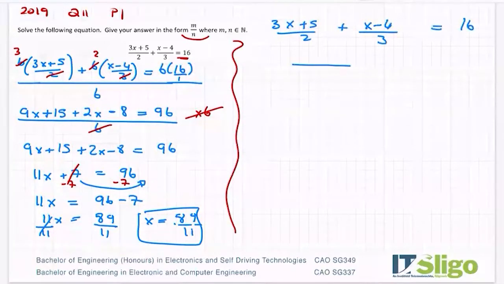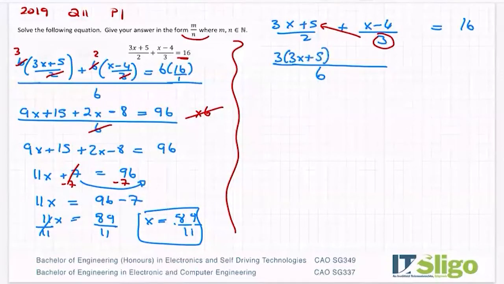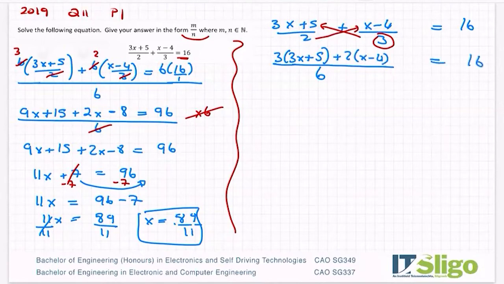So what I've seen done is you just get a common denominator here of 6 and you do a bit of a crisscross so that you get this 3 by everything in the top bracket. And then you go plus 2 times everything on the other top, and you leave it equal to 16. Okay, so it's a bit of a crisscross method.